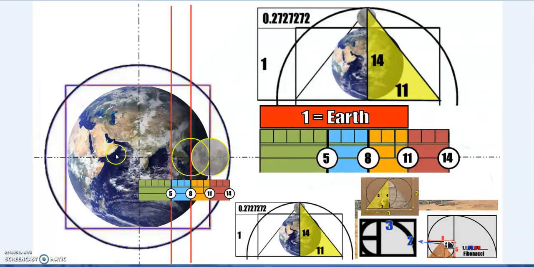So what's going on in this illustration? We see the 5, 8, 11, and 14. As the pyramid shows, 11 being 1, that's the Earth, and the Moon being 27.3% the size of the Earth. We have this 11 to 14, so Earth is 1. If 11 is the diameter of the Earth, then 11 to 14 gives us the diameter of the Moon.